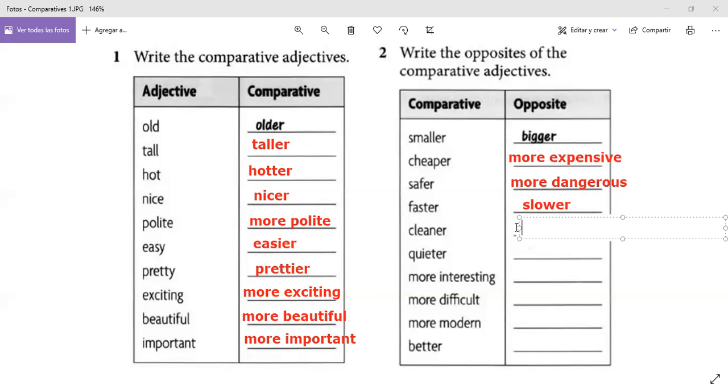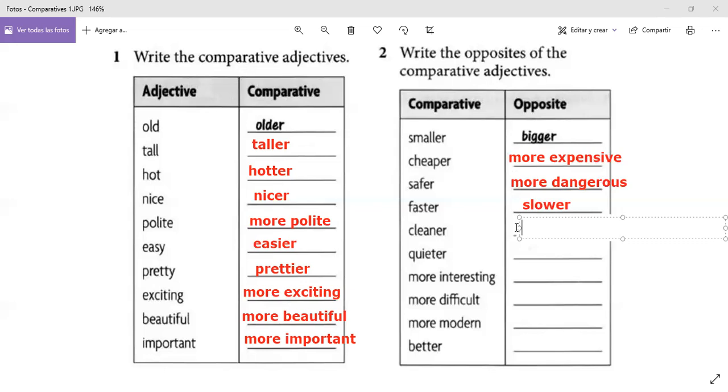What about clean? Cleaner. What is the meaning of clean, guys? Limpio. Thank you so much. And what is the opposite in Spanish? Sucio.